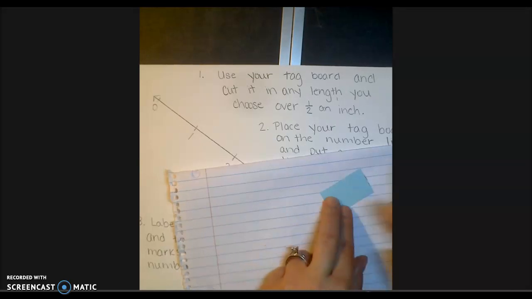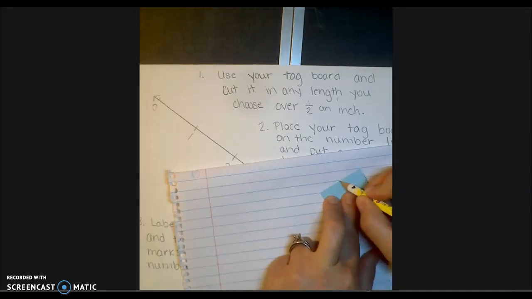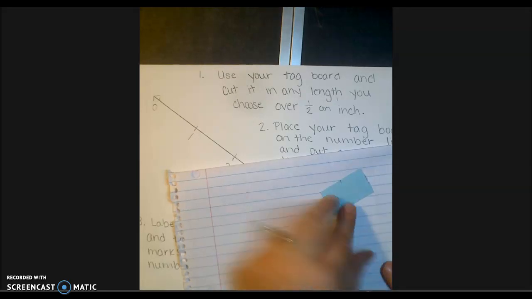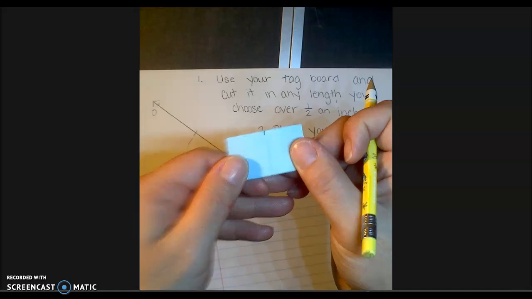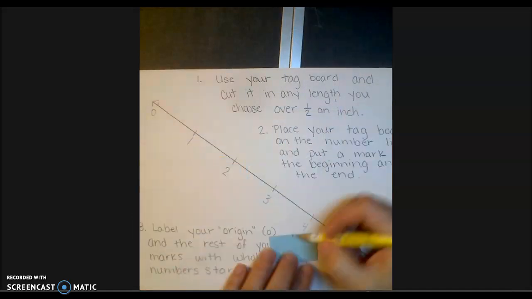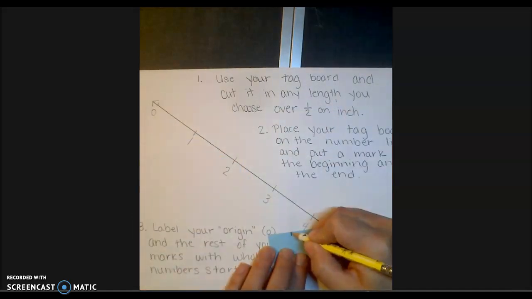So I'm using 2 lines. Here's 1, 2, and right there where that line touches my tag board, in the middle, I'm going to put a hash mark. I'm going to put it closer so you can see there's a little hash mark in the middle of my tag board. I will make it a little bigger and darker.